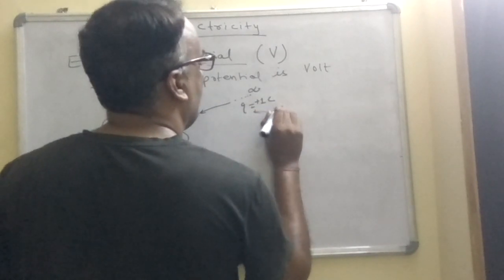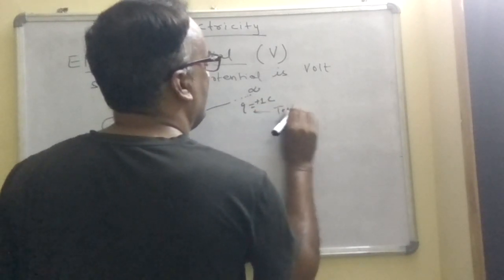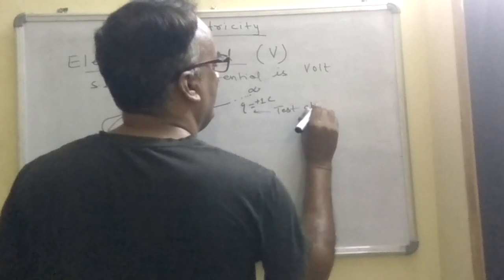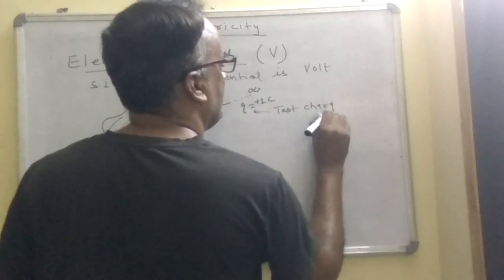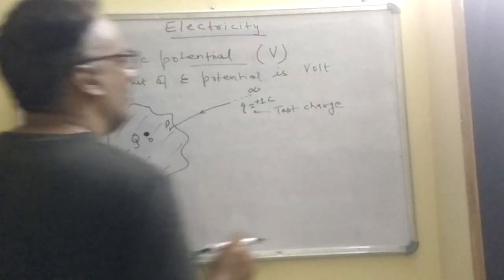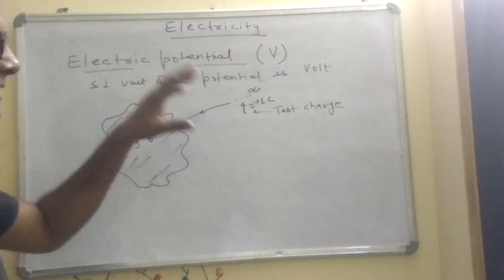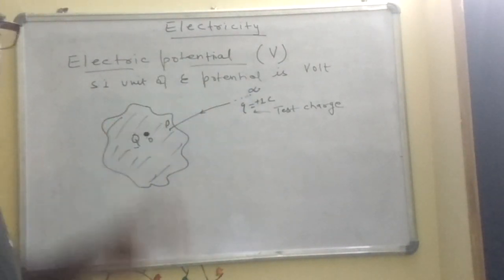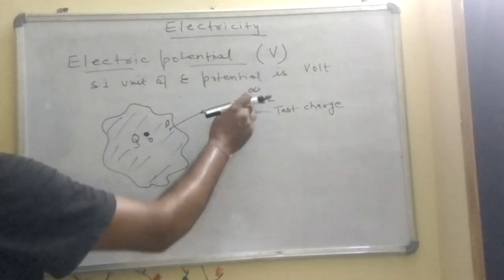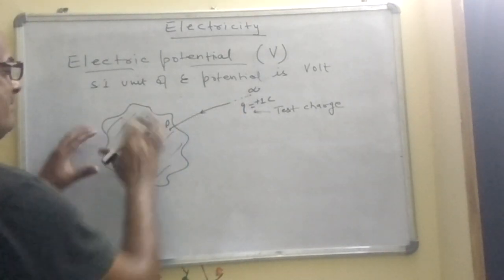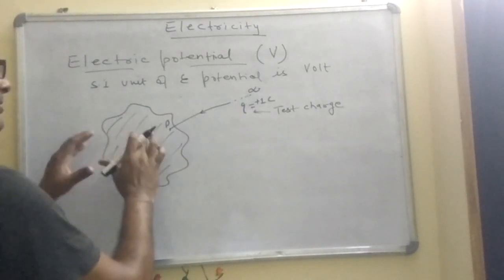Why do we call it a test charge? Because we have to test what is the effect of this field on this charge Q when you bring it in the vicinity of the field around the source charge.